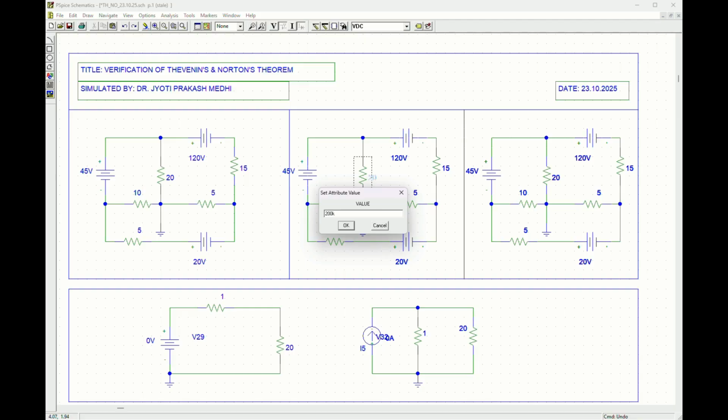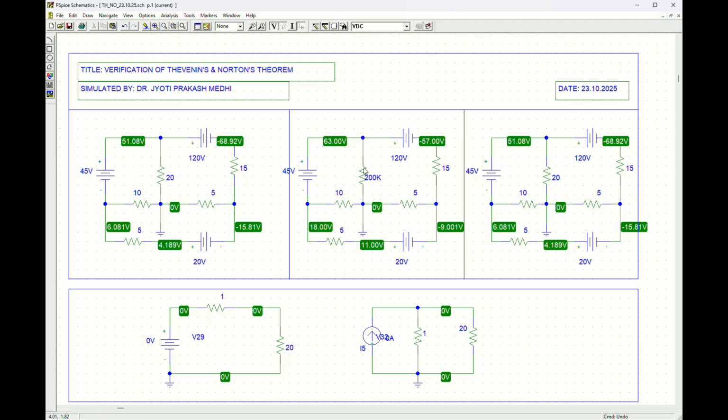Let us consider this as 200k, which is a higher value. Now if we run the simulation and check the voltage across 200k, it is 63 volt, so this is our VTH. Now let us go to the Thevenin circuit and change the value to 63 volt.